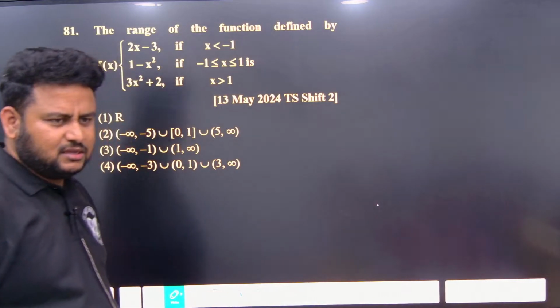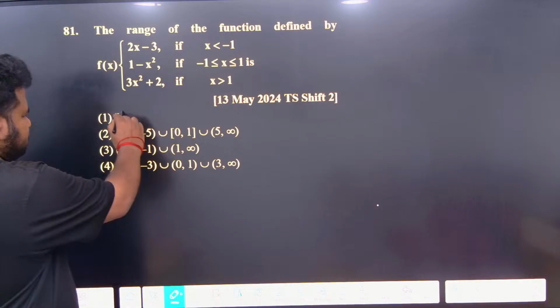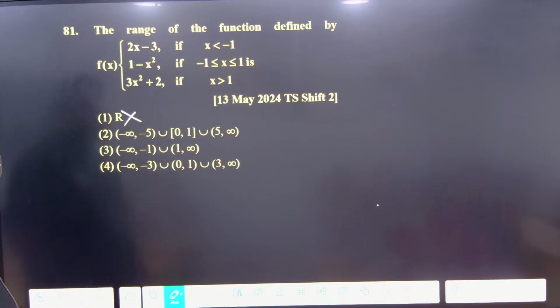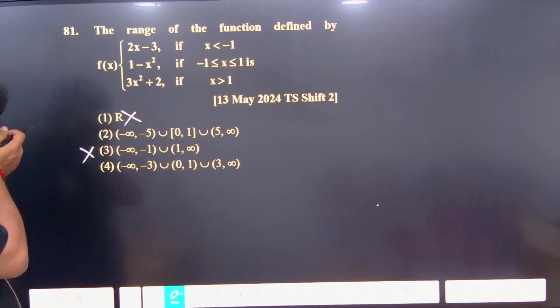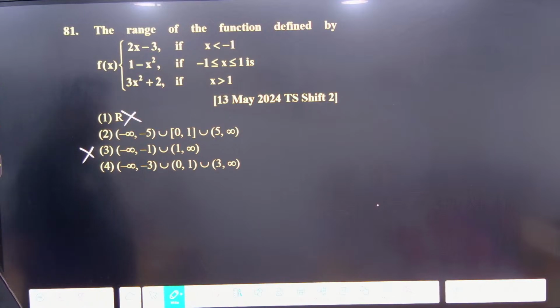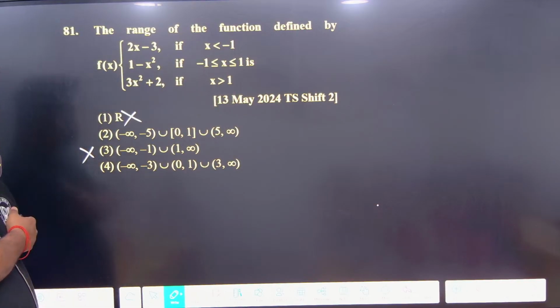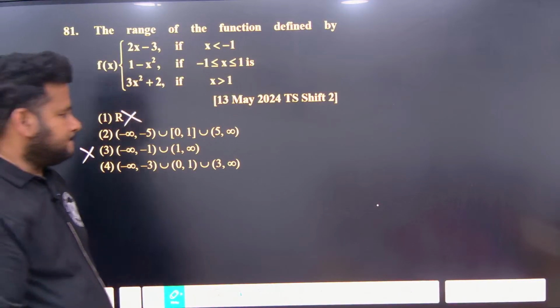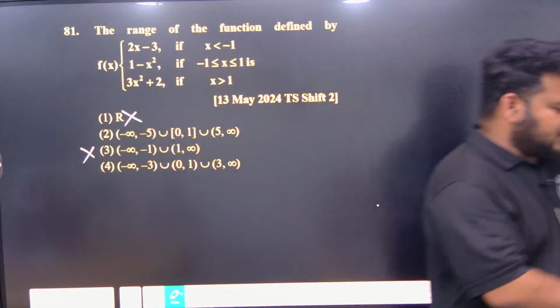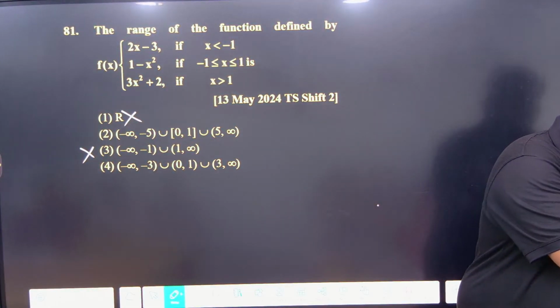The first option we have to remove. The third option also we should remove. We have to go with the second or fourth option. When I say mark all the questions in the end, you should not mark any random answer and give the OMR. Now you can go with the second or fourth option, you can get 50% of it correct. Now try to eliminate at least one of the remaining two. How will you eliminate? Think of it.